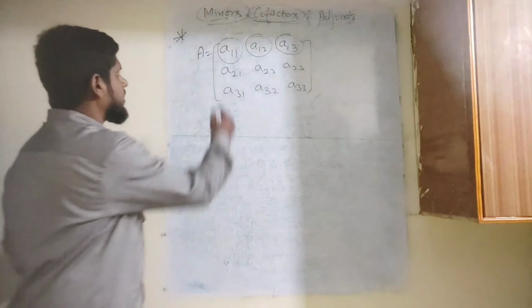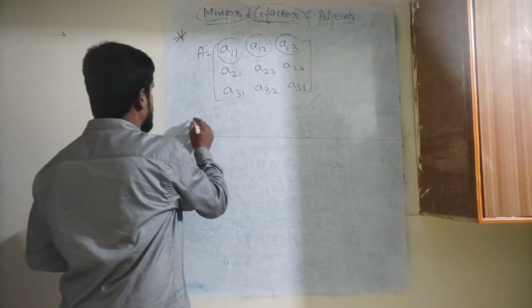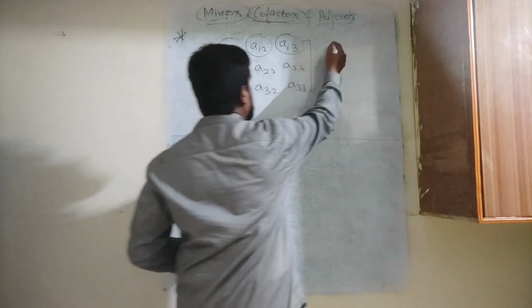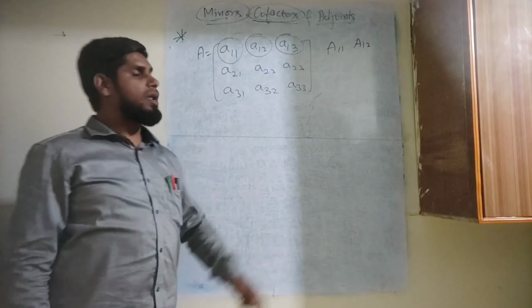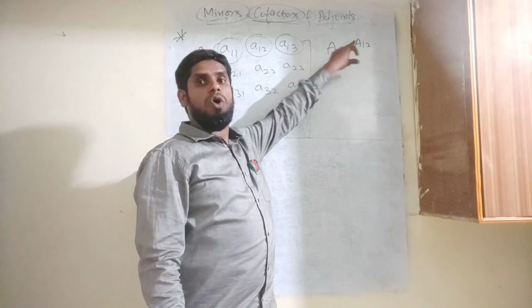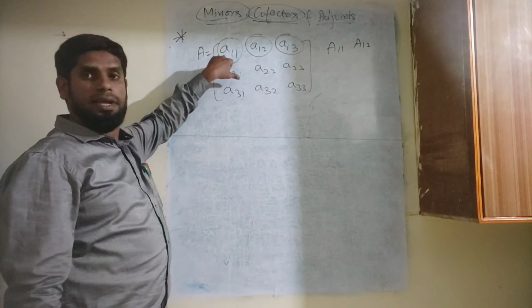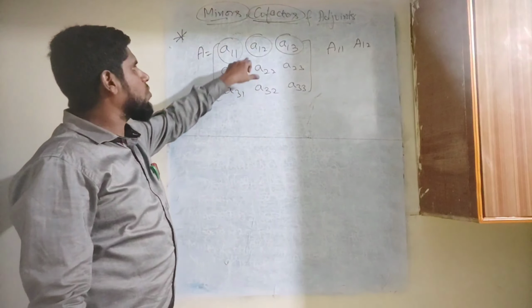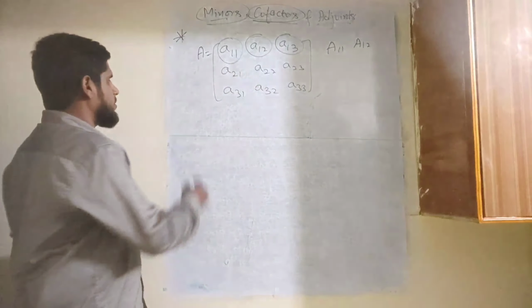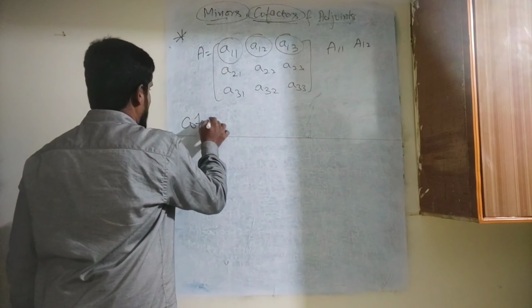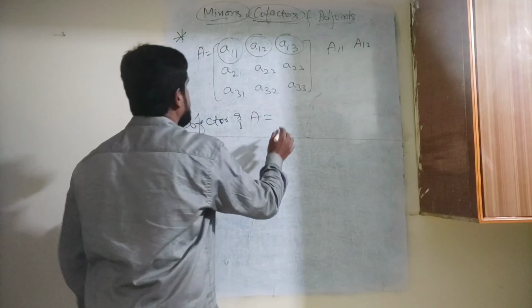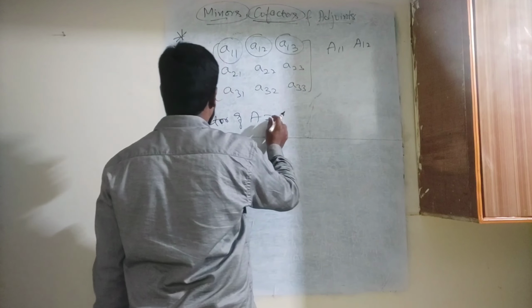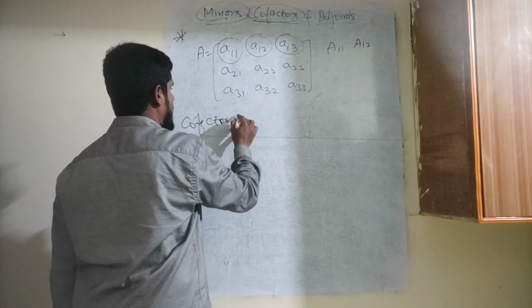Whereas if I have the capital alphabets, that is A11, A12, these capital alphabets represent the cofactors of the particular elements. So its cofactor matrix will be the cofactor matrix of A.